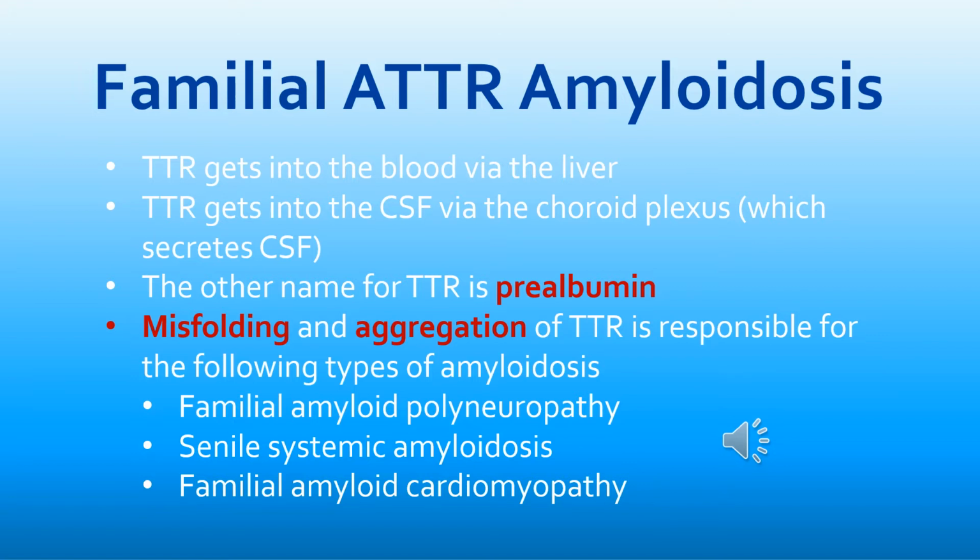But what causes this problem is the misfolding and then aggregation, a collection of these misfolded proteins, that cause all kinds of problems for families. Now, there are different types, different genetic types.